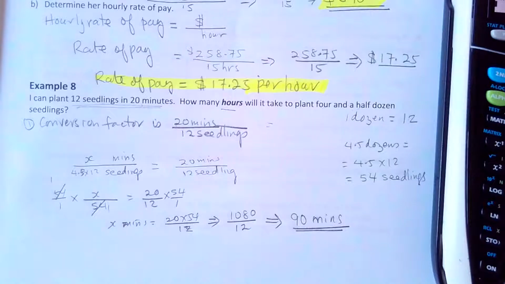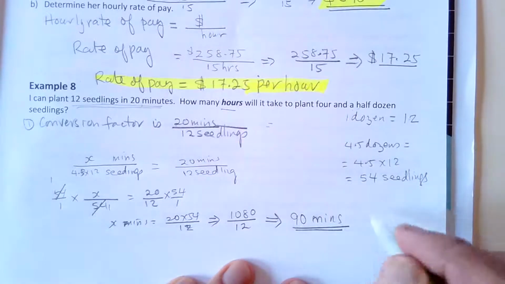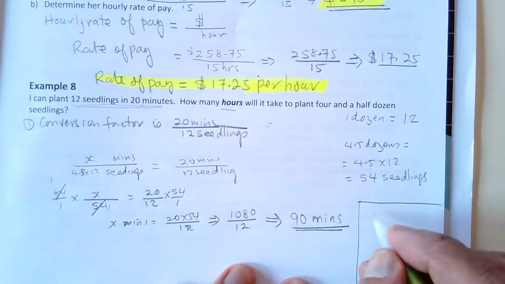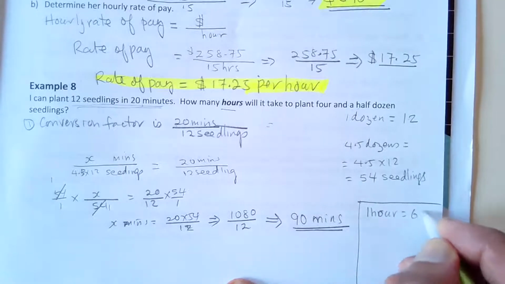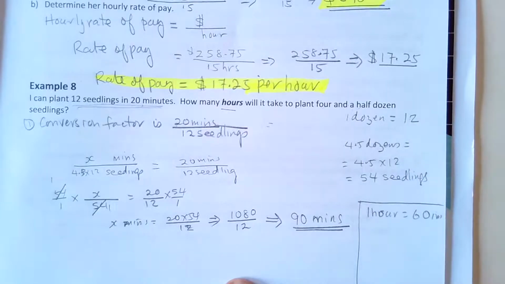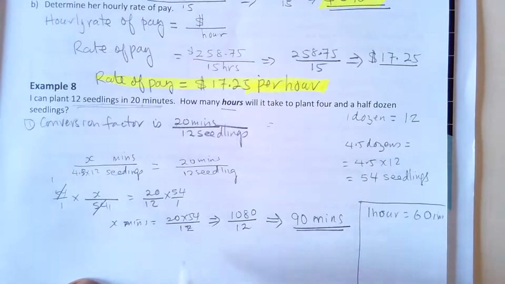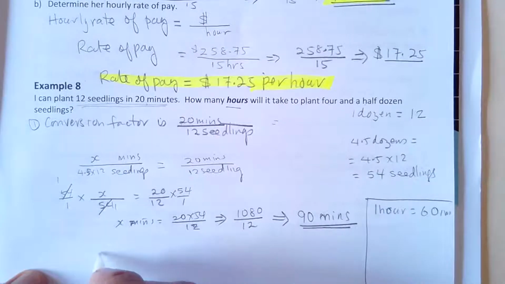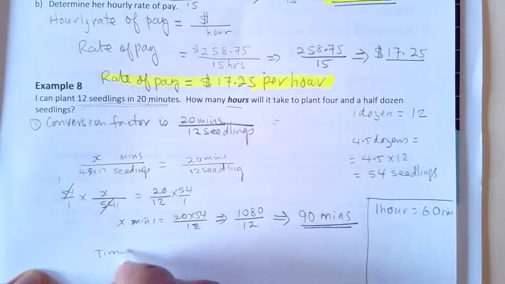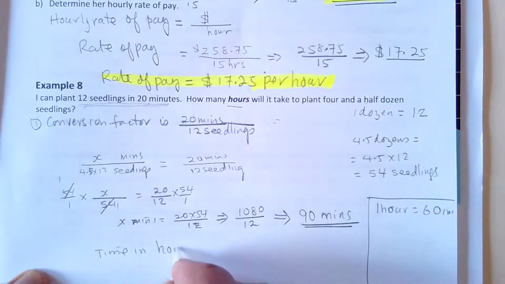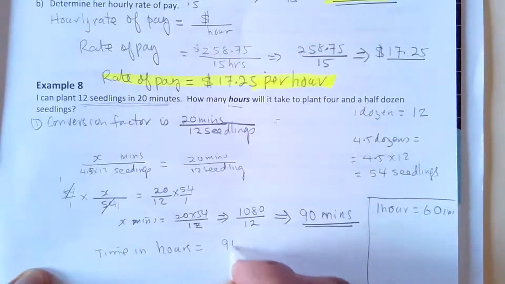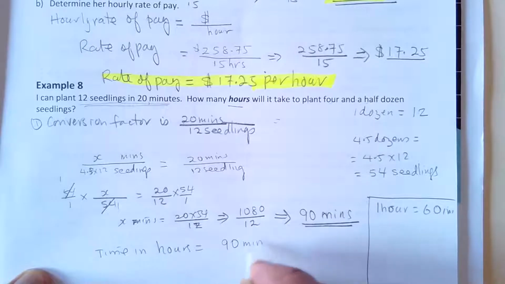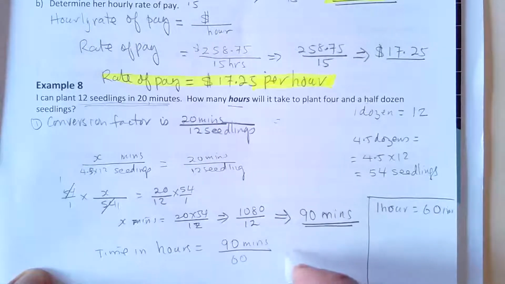We have to convert our minutes to hours. So we know 1 hour is equal to 60 minutes. So time in hours is 90 divided by 60.